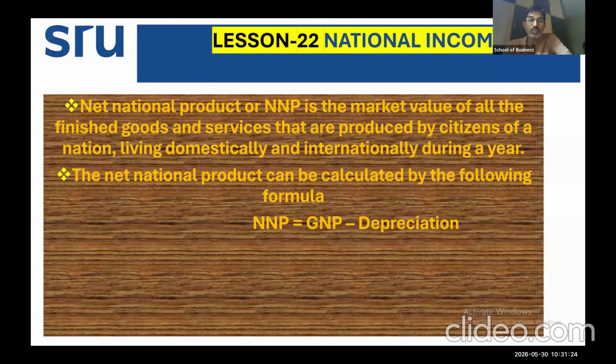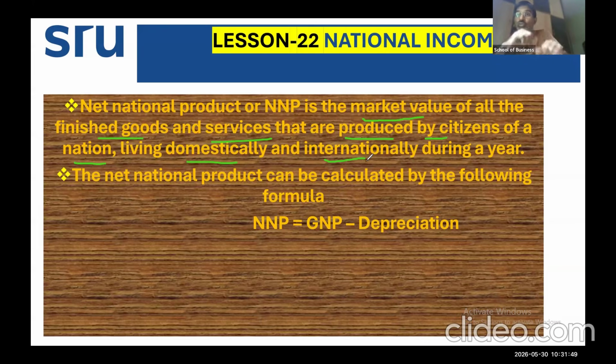Right. Now, how do you get NNP? The simple logic is: NNP is the market value of all the finished goods and services produced by the citizens of a nation living domestically and internationally. Income coming from abroad is from persons who are Indians but staying outside India.